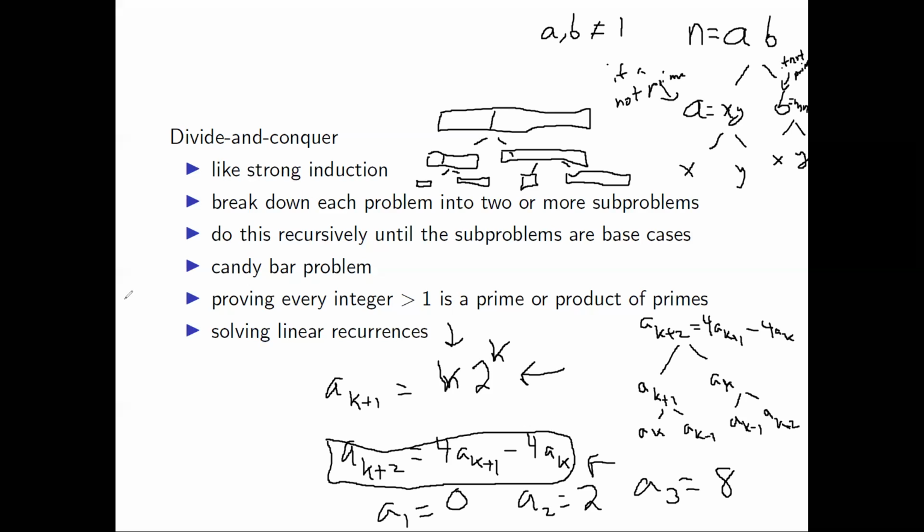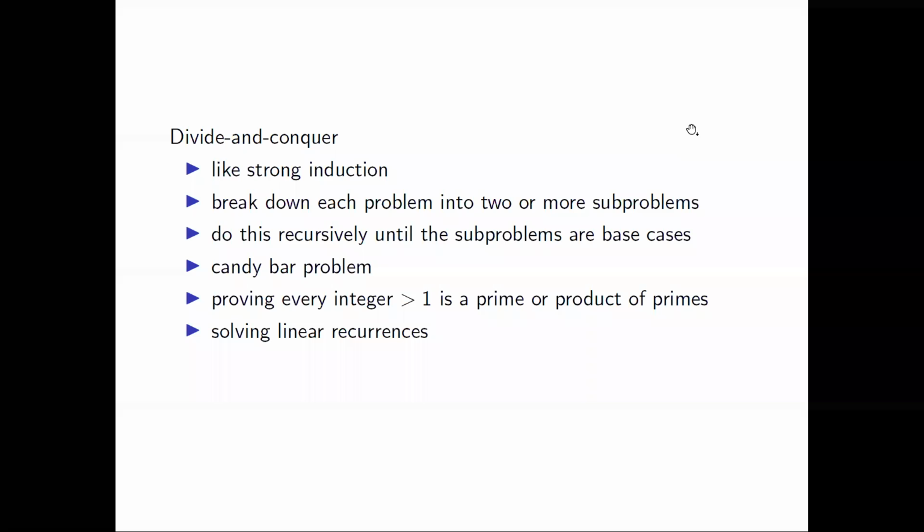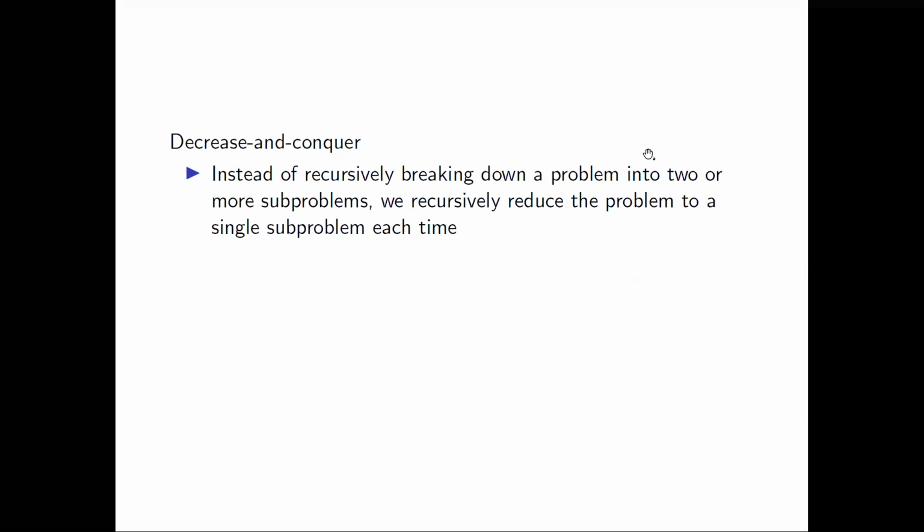So now that we've seen a bunch of examples of divide and conquer, I want to focus for the rest of this video on the main topic, which is decrease and conquer. And decrease and conquer, like I said before, is very similar to divide and conquer, except one key difference. Instead of having 2 or more subproblems in each step, we only have a single subproblem.